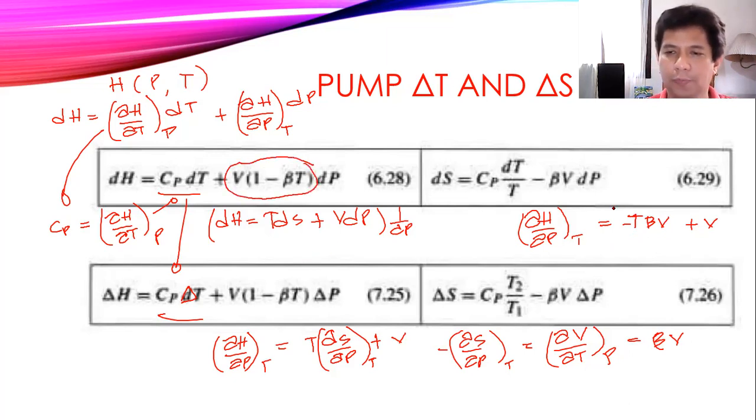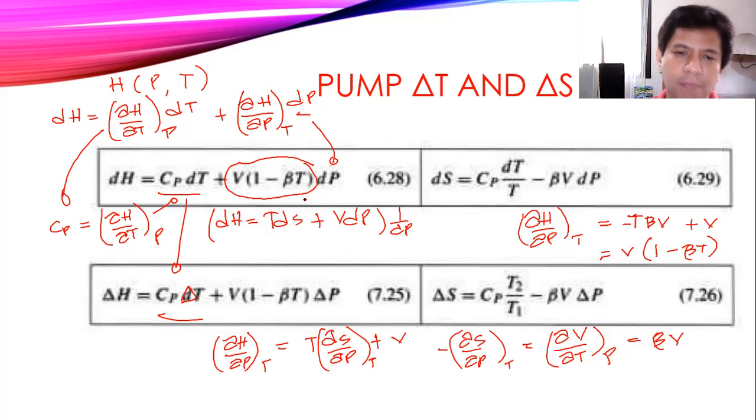Di ba? If you factor out V, you're going to get 1 minus beta times temperature. Yun. Tapos times dP kasi may dP talaga dito sa ating equation.